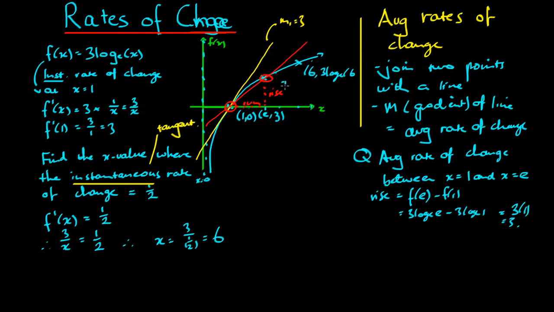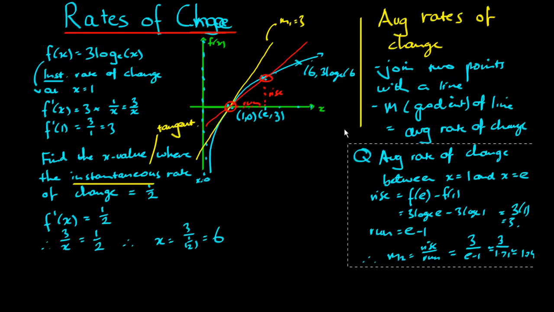That is the height here. And the run is equal to the difference between this point and this point along the x-axis, which is equal to e take 1. Therefore, the gradient of that line is equal to rise over run, and that's equal to 3 over e take 1, which on my calculator comes out to 3 over 1.71 approximately, which is actually equal to 1.74.